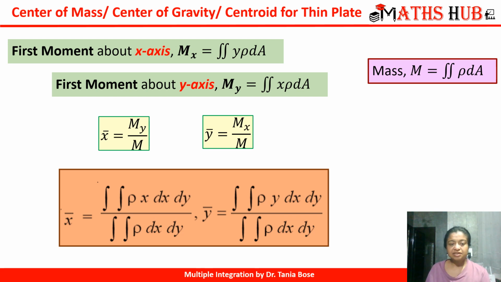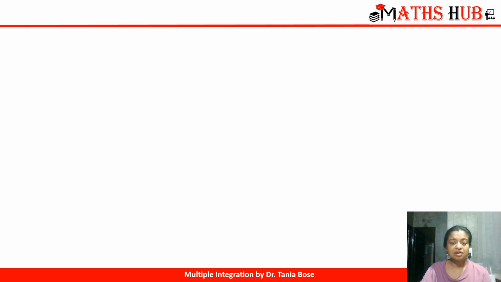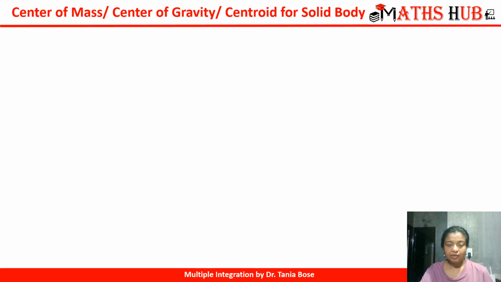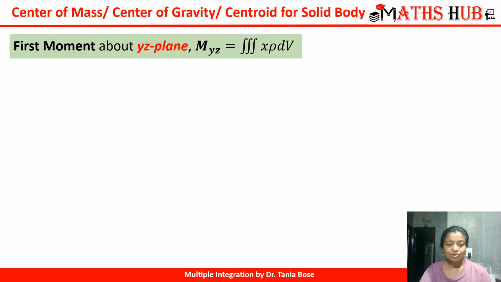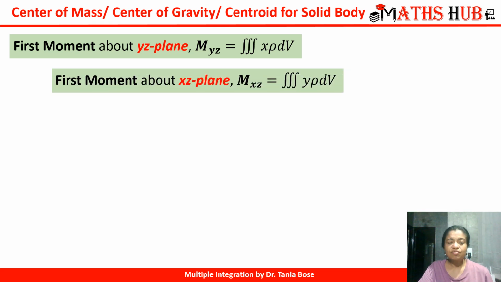Now let us come to these three definitions for a solid body. When it is a solid body, that means we are working in three dimensions. The first moment about the YZ plane will be Myz, and we have a triple integral now, x rho dV. Similarly, the first moment about the XZ plane is Mxz, triple integral y rho dV.